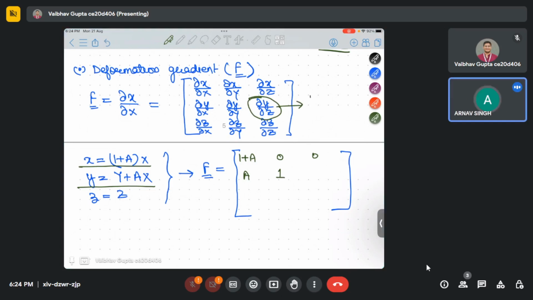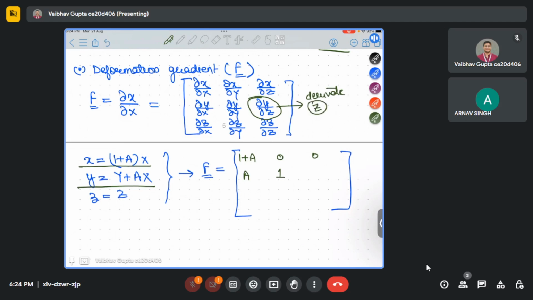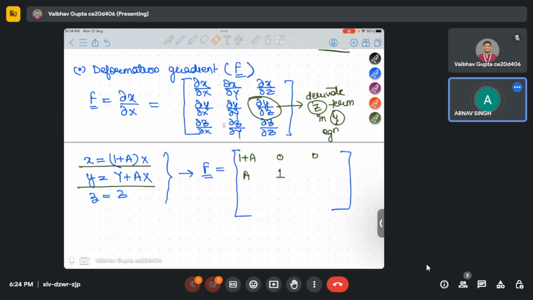In the small y equation, is a capital Z term there or not? No, so the derivative is 0.